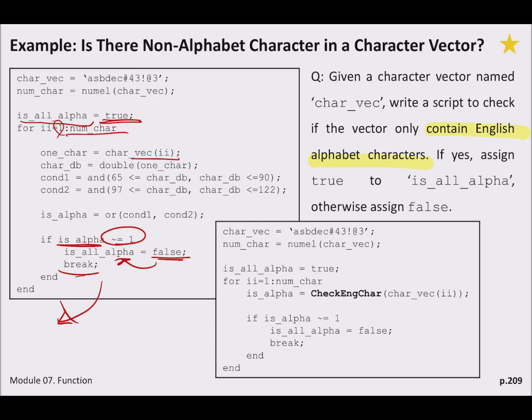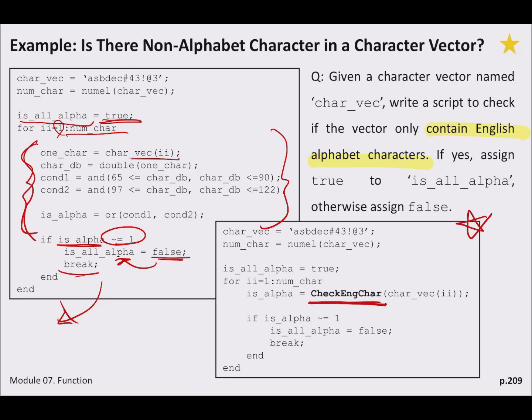Makes sense? Again, this operation we can reuse our custom function, right? This one is repeated. We can replace this script with check English character. Then you will get this one. This is to shorten your code and make it much more readable.